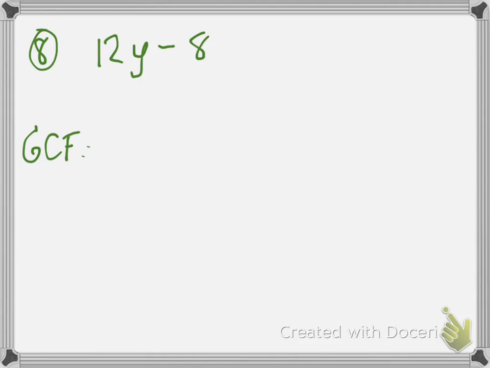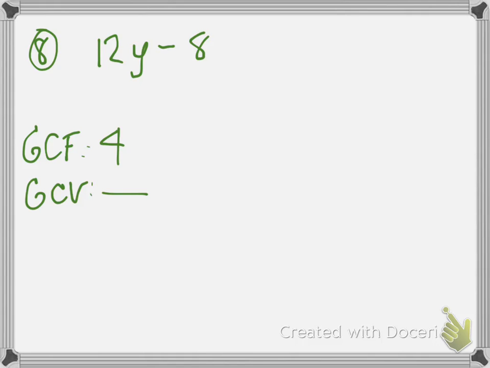Okay, number 8. 12y minus 8. Okay, greatest common factor. I would love it to be an 8, but it's a 4. And no common variable, because there's a y with the 12, but no variable with the 8. So I can only take out a 4.